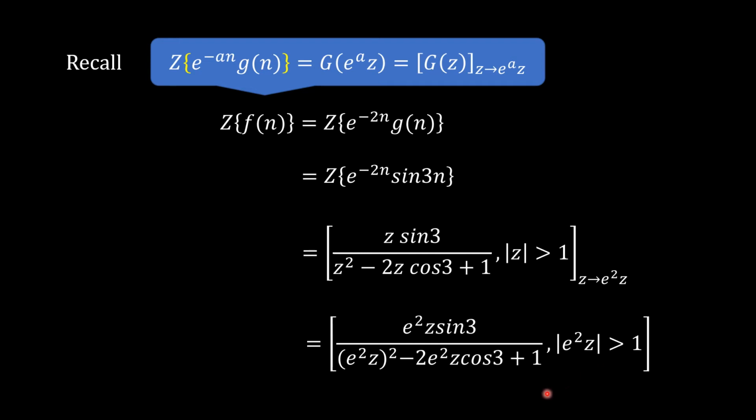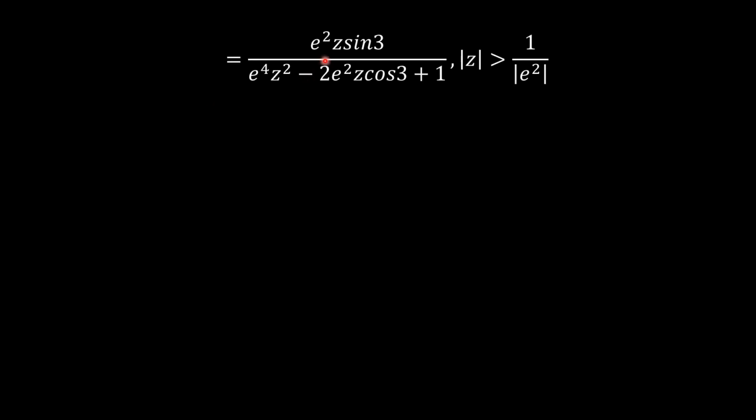Now simplify it further. That will give us e square z into sine 3 divided by e raised to 4 into z square minus 2e square into z cos 3 plus 1 for mod z greater than 1 upon mod of e square.